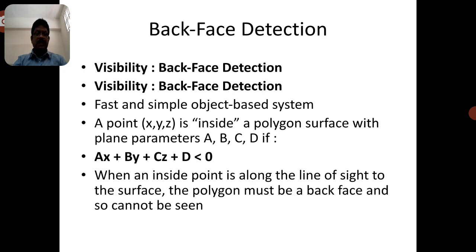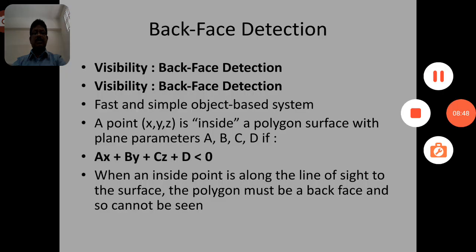So whenever this value is less than 0, with the plane equation Ax + By + Cz + D = 0, back face detection is visible with the help of this plane equation. If it is less than 0, then we can determine the back face.